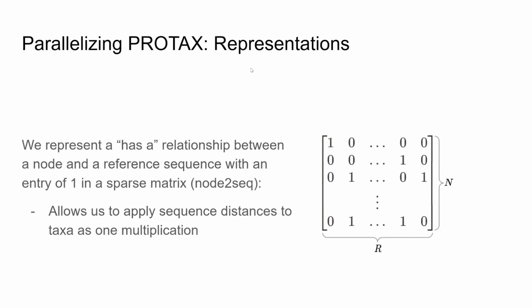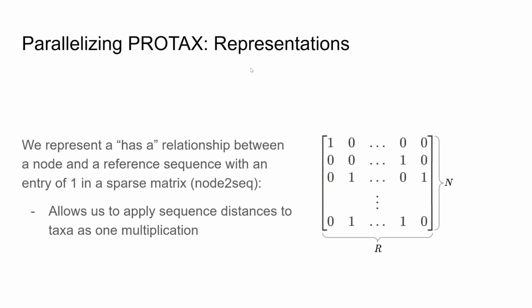So in terms of the data representations it uses, we represent a has-a relationship between a node and a reference sequence with an entry of 1 inside of a sparse matrix. The shape of this matrix is the number of taxons present in the taxonomy by the number of reference sequences we have in the database we want to compare against.